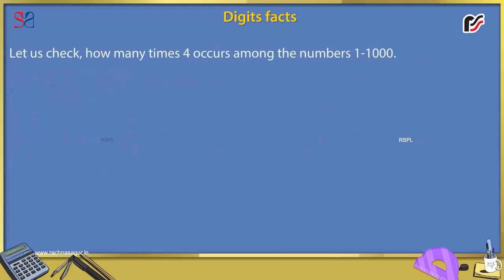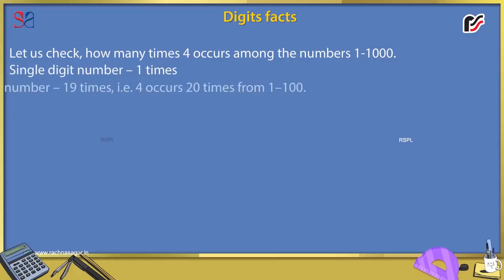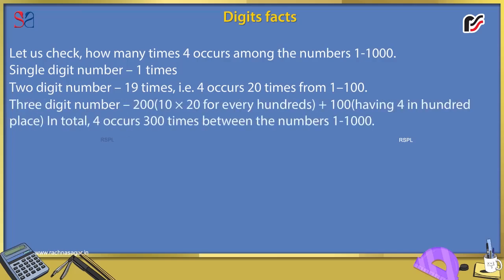Let us check how many times 4 occurs among the numbers 1 to 1000. Single-digit number: 1 time. Two-digit numbers: 19 times. That is, 4 occurs 20 times from 1 to 100. For 3-digit numbers, 200: 10 multiplied by 20 for every hundred, plus 100 having 4 in the 100s place.